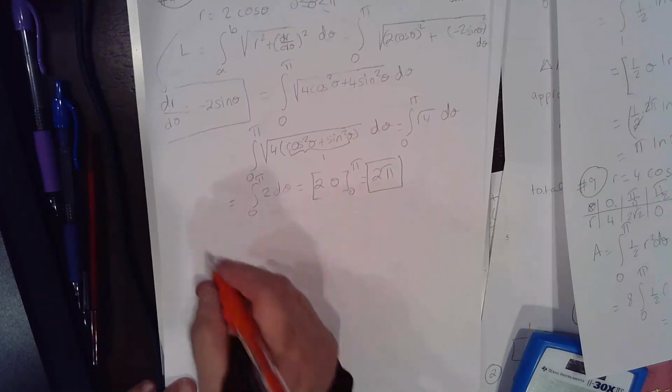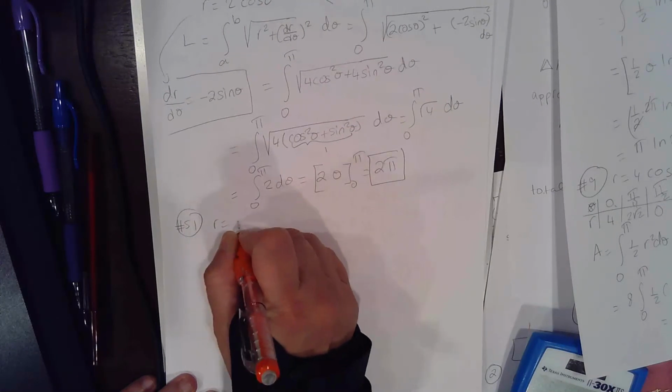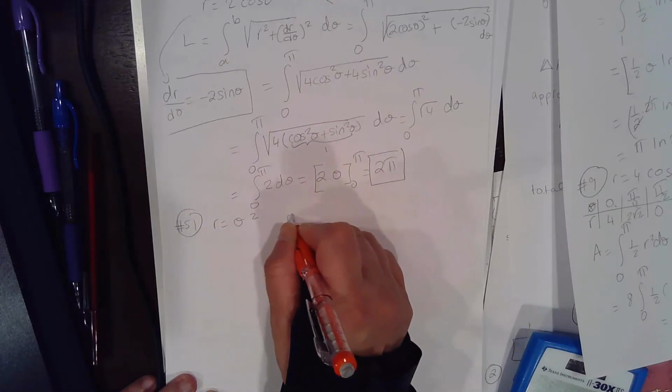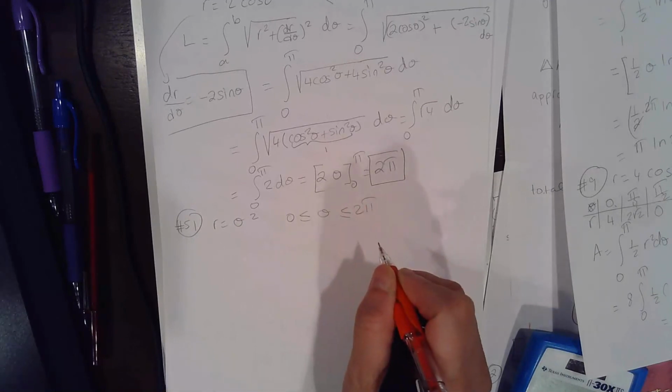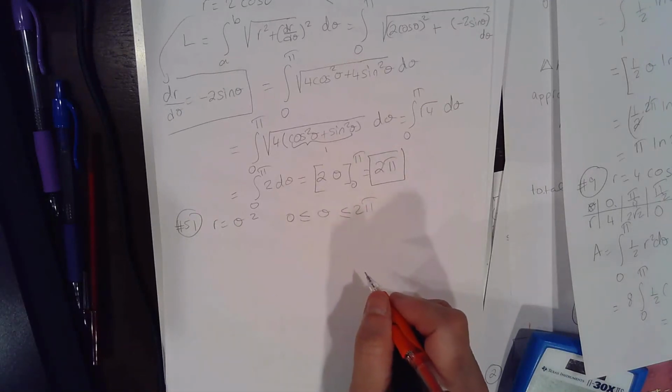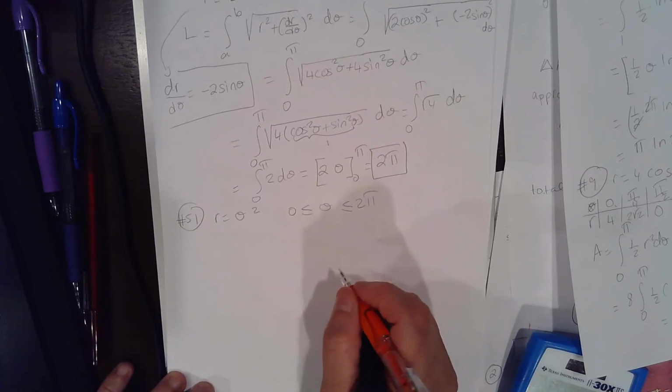Let's do number 51. Same question. r equals theta squared, and theta is between 0 and 2 pi, right? So they want us to find the exact length of the polar curve. No problem. What is it?